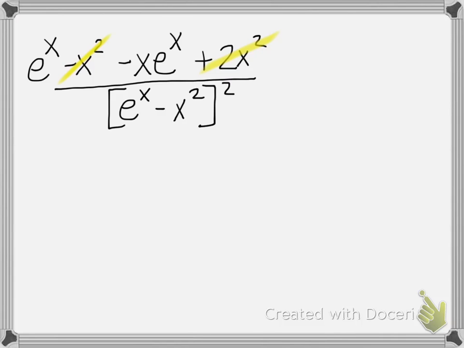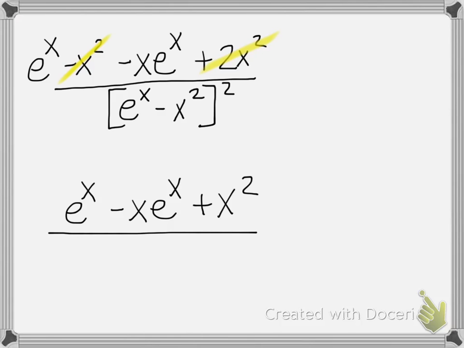So you could simplify that and just say e to the x minus x e to the x plus x squared all over e to the x minus x squared, squared. And you could leave it there if you wanted to.